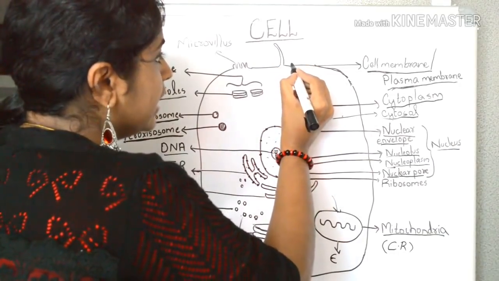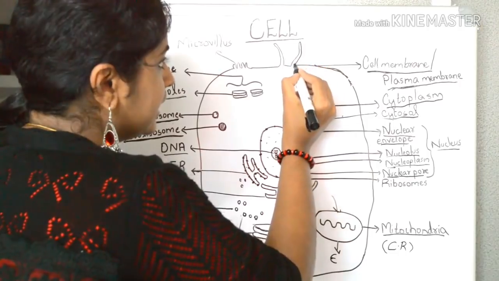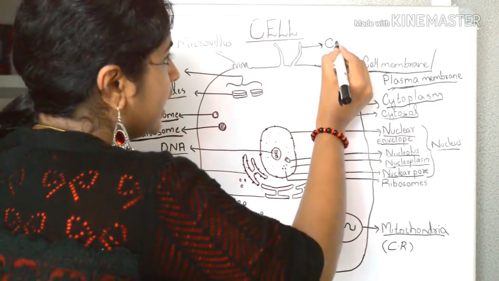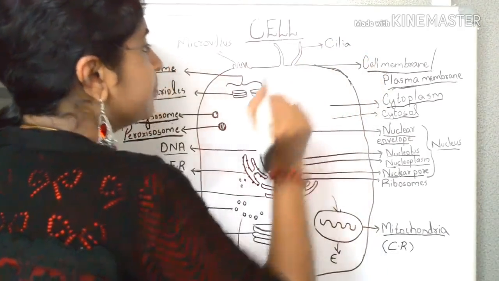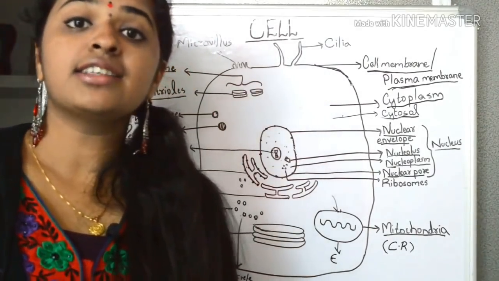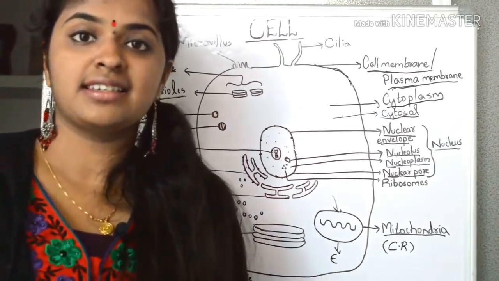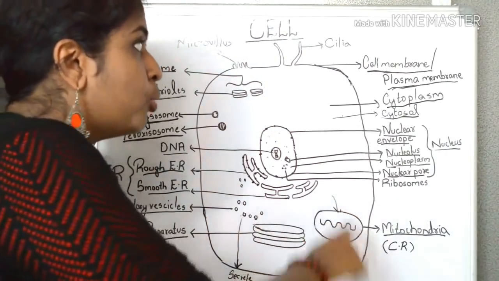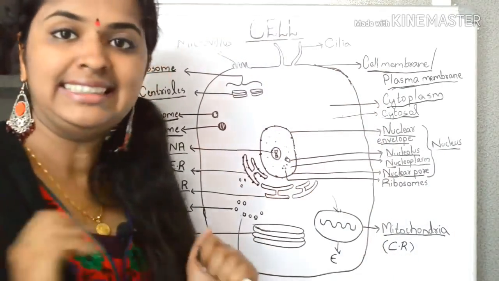See, a kind of shape like this, and it is called cilia. So cilia or flagella. What is the function of this cilia? It will help for the movement of the cell.